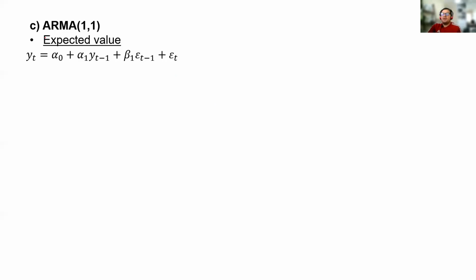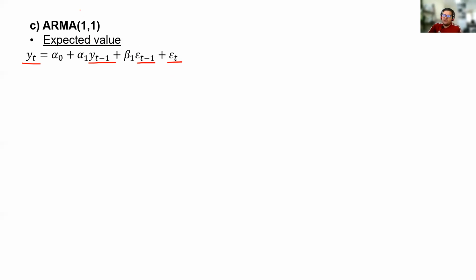Okay, now next question, ARMA 1,1. An ARMA 1,1 model explores changes in Yt explained by previous values of Yt, and previous values of the error, the residuals. And since it's 1,1, we only have one lag of these terms.